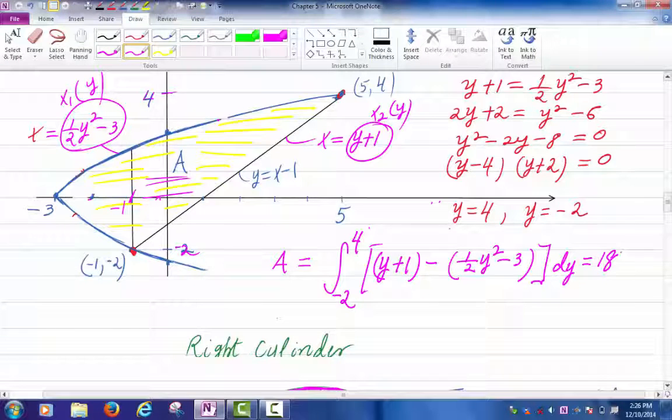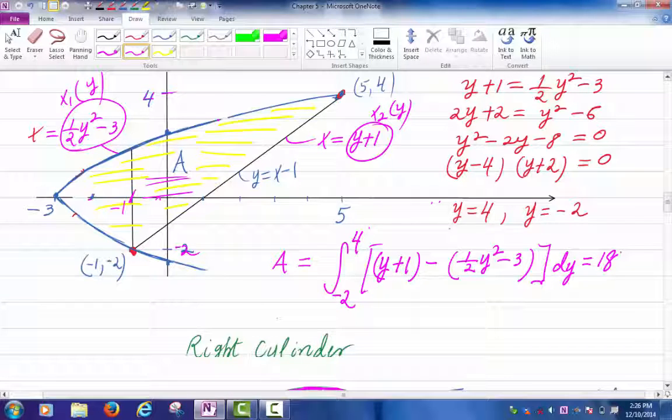It turns out I can also find the area A by using type 1 regions. However, as a whole, it's not a type 1 region, but I can break it up into two regions, and each region can then be thought of as a type 1 region. How?